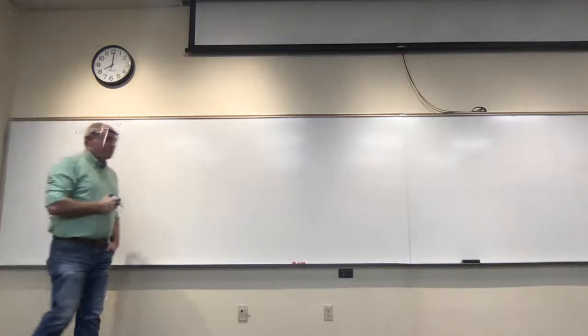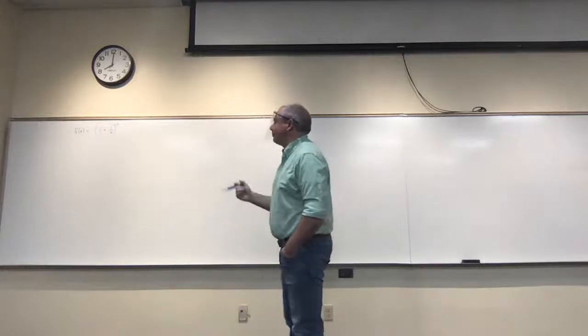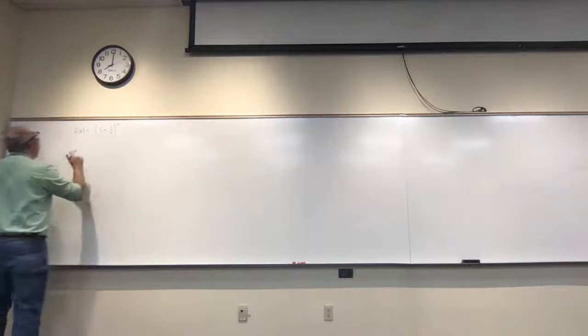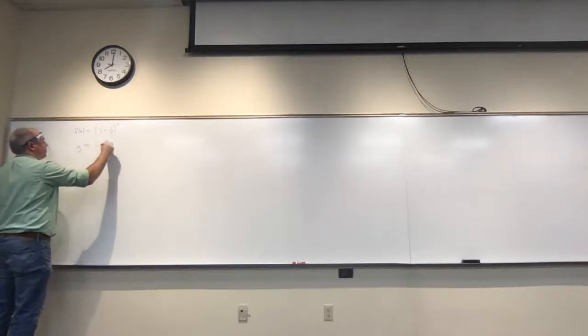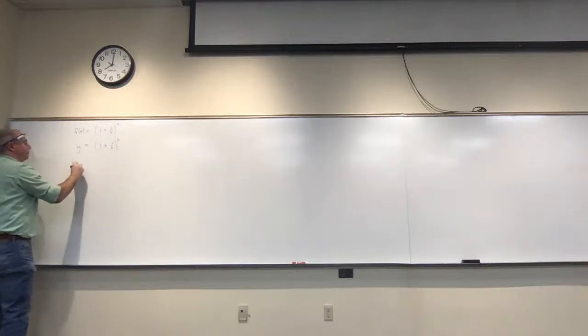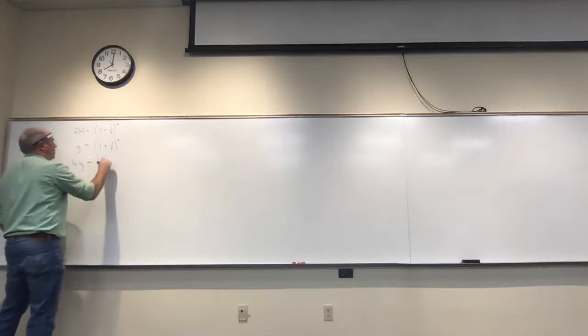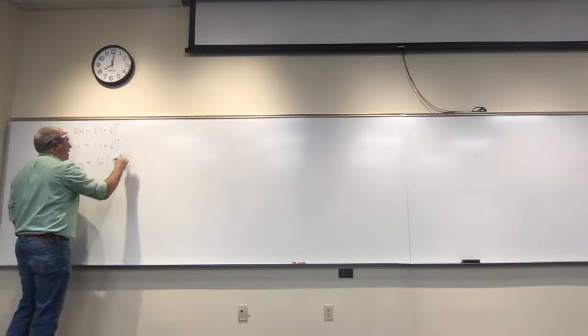And this is a perfect use of logarithmic differentiation. So let's call it y equals 1 plus 1 over x to the x. And so ln of y is equal to ln of 1 plus 1 over x to the x.